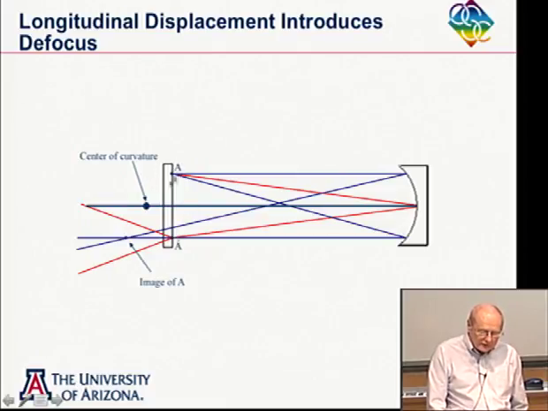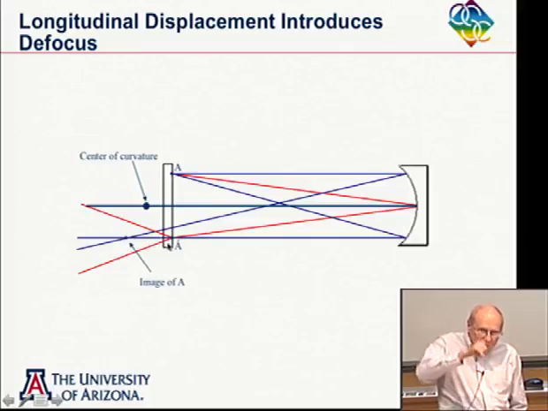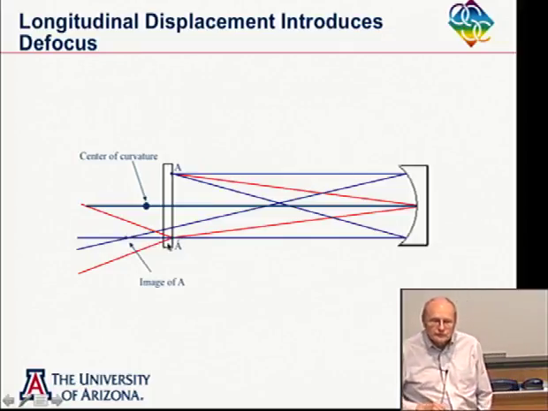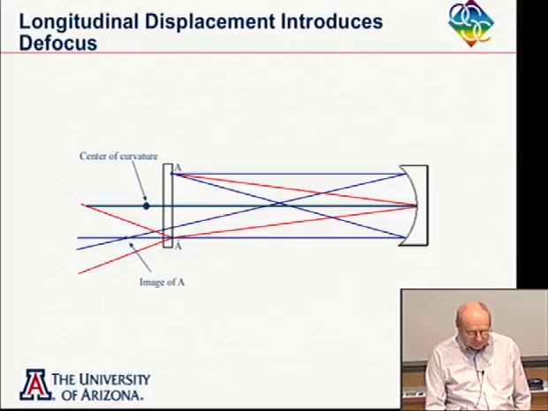But I move this inside of the center of curvature, and so the image of that is going to be outside the center of curvature. But the corresponding scatter point on the other side of the scatter plate is going to be right down there. And so there's a longitudinal displacement here. And so that's going to produce my circular fringes. Okay.